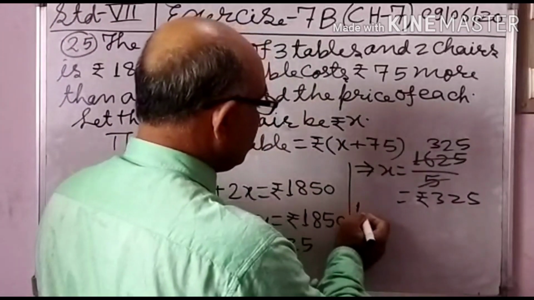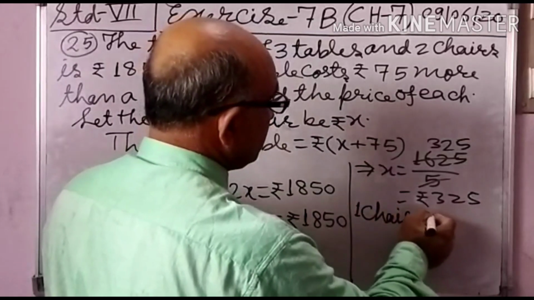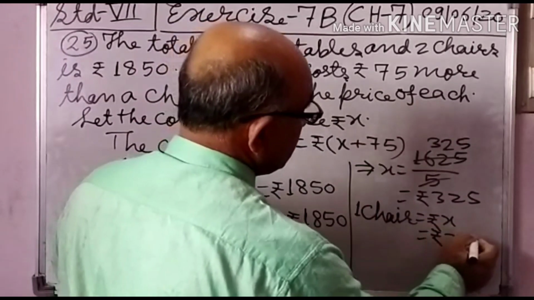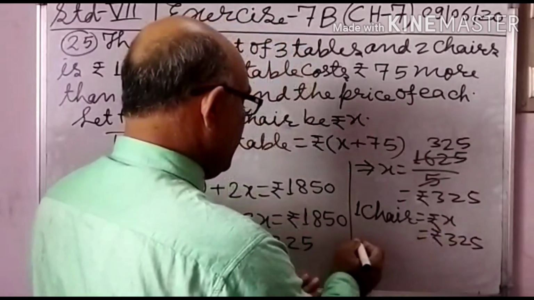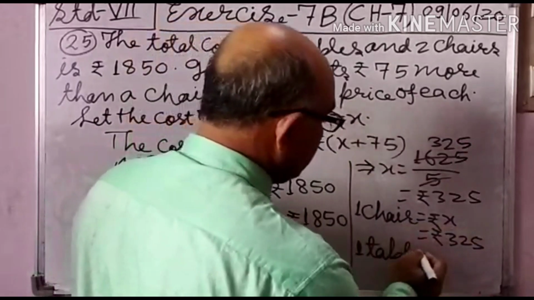So 1 chair, rupees X, equal to rupees 325, and 1 table is 75 more than that.